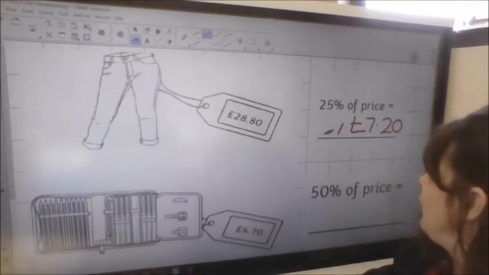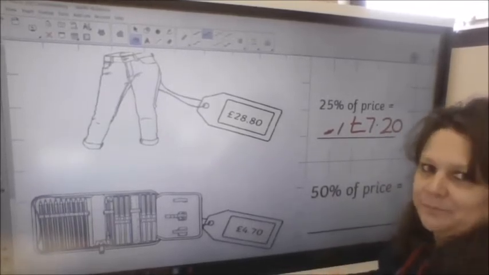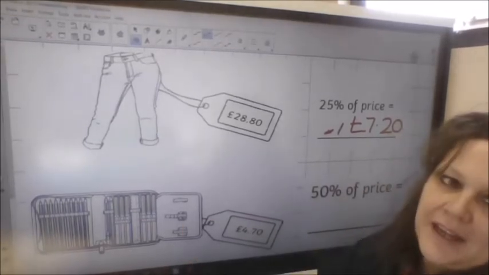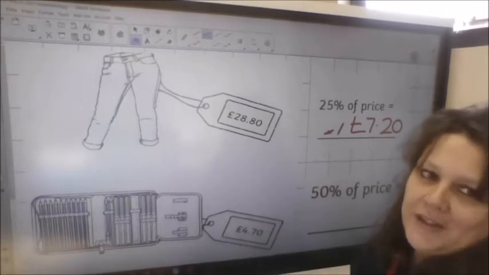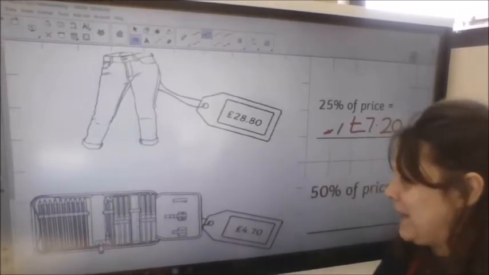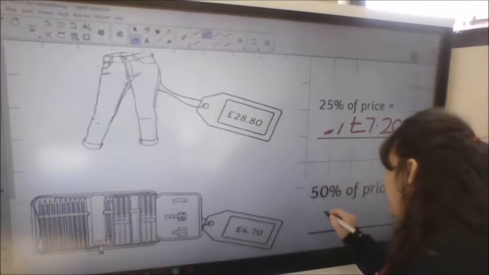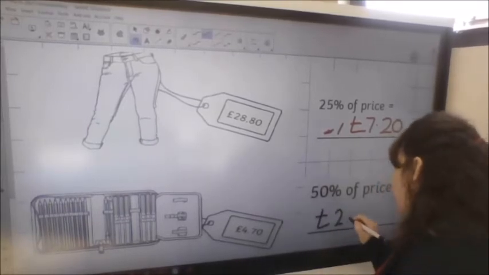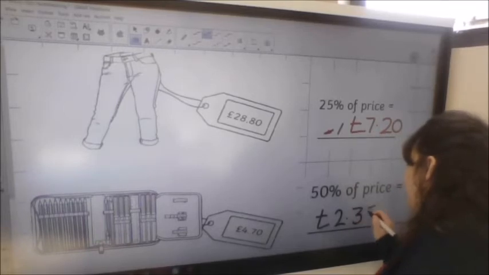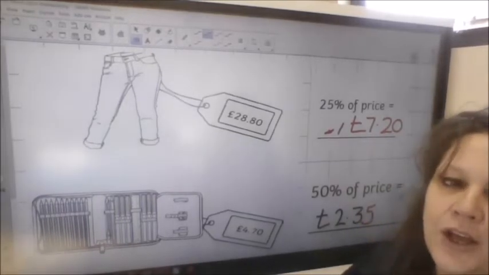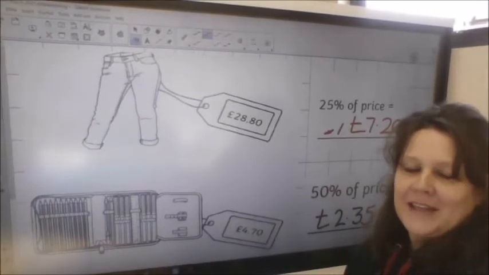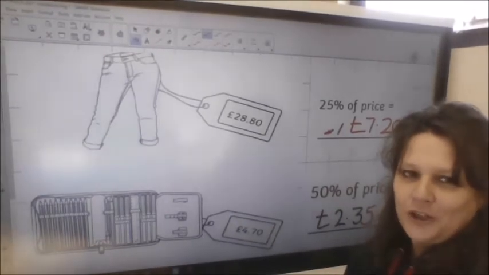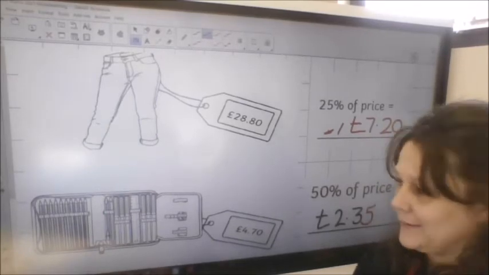And then finally, we had 50% off on this fantastic pencil case, and the new price in the sale is £2.35. Okay, so those are the totals you should have calculated. Well done if you got all of those correct.